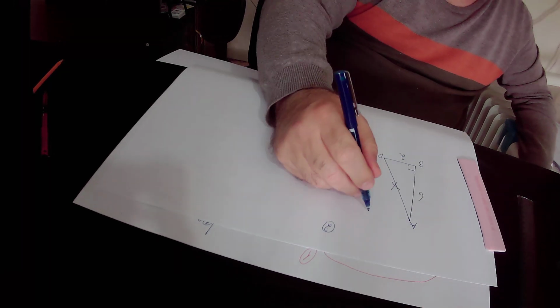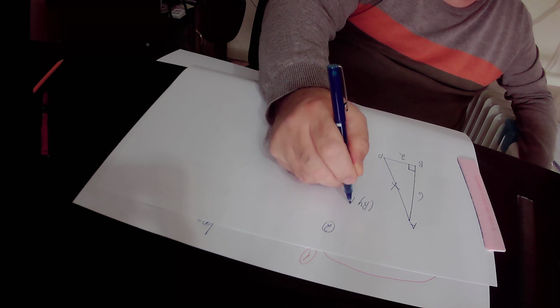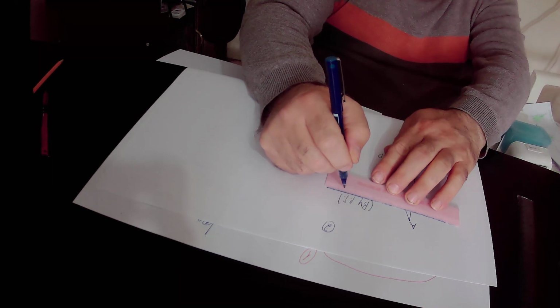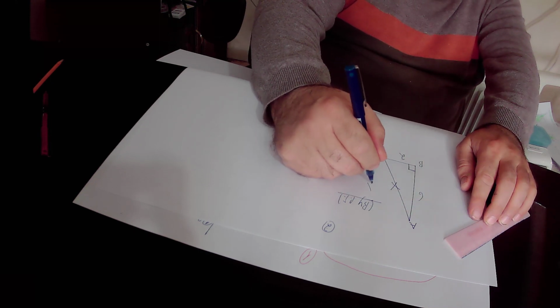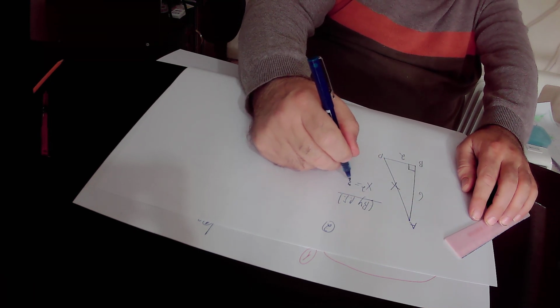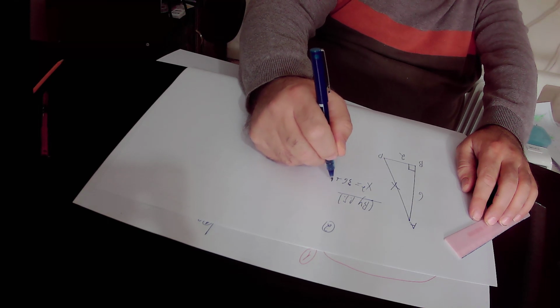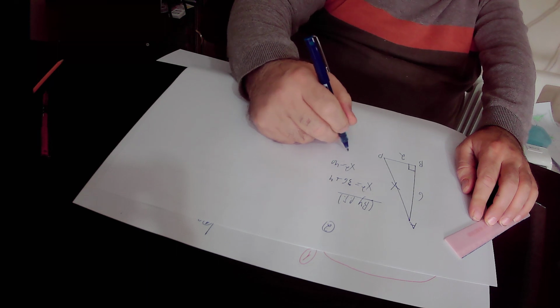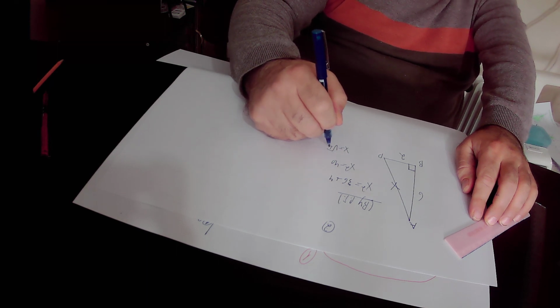According to the Pythagoras theorem, the square of the hypotenuse equals the sum of the squares of the perpendiculars. X squared equals 6 squared, that is 36, plus 2 squared, that is 4. So x squared equals 40. X equals the square root of 40.